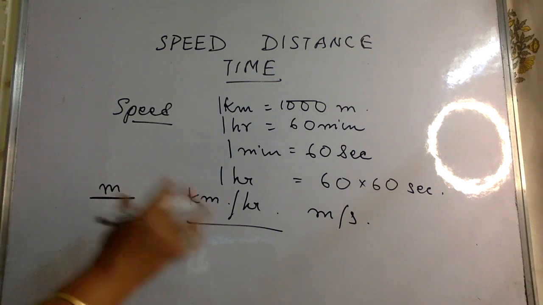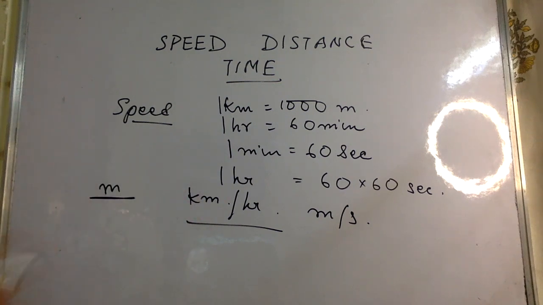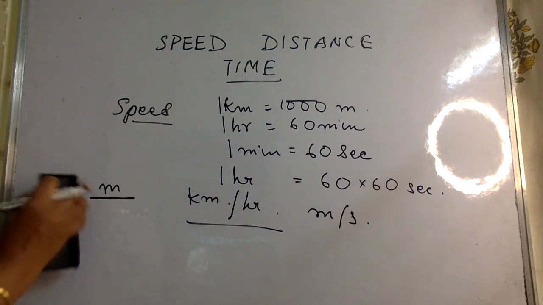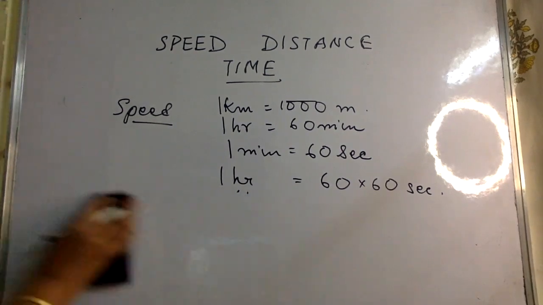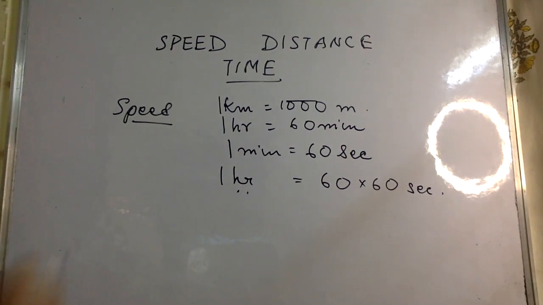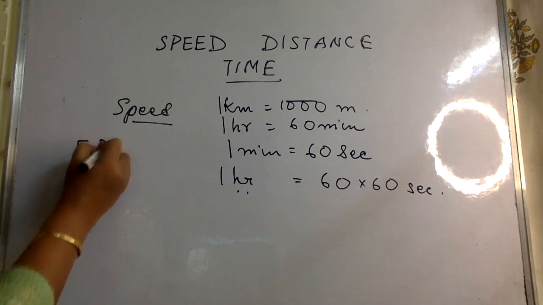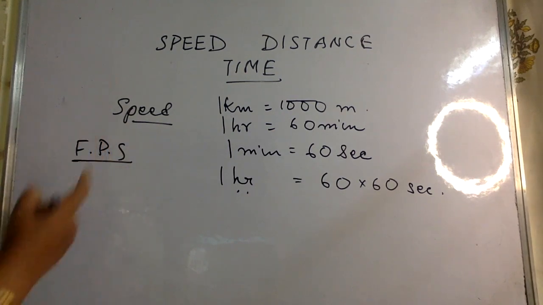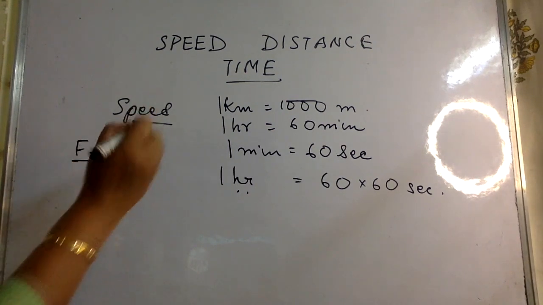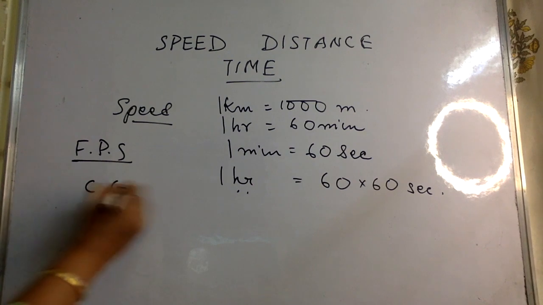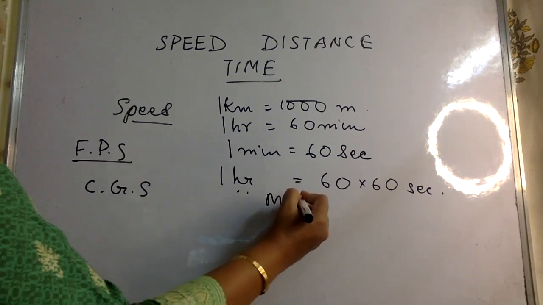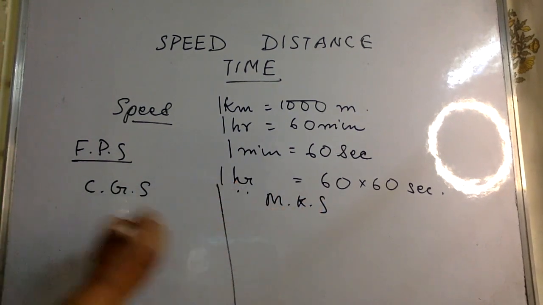Other than this also, there are about three systems of units that you must know. One is FPS. This is not important, we'll just leave it out. This is foot, pound, second. We'll forget about it. CGS and MKS are the two systems.